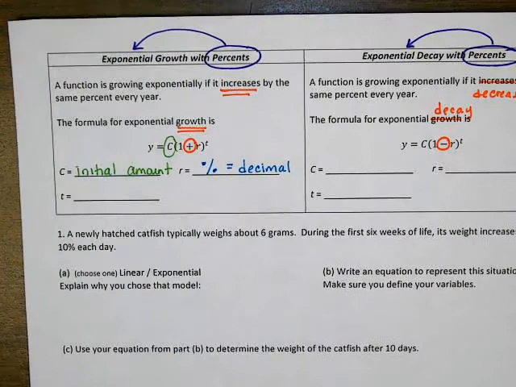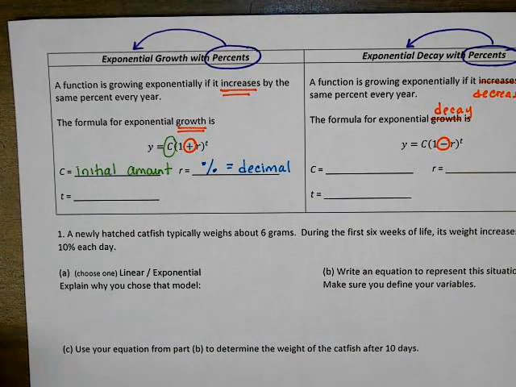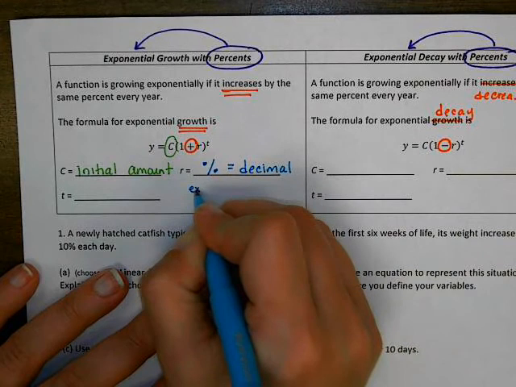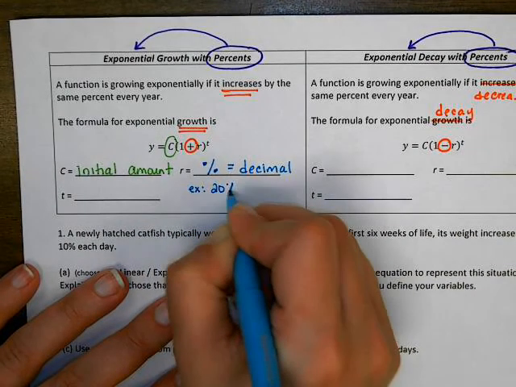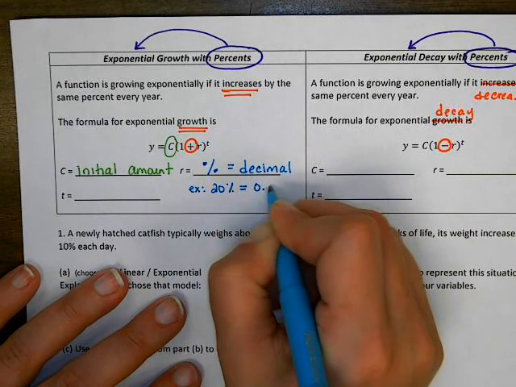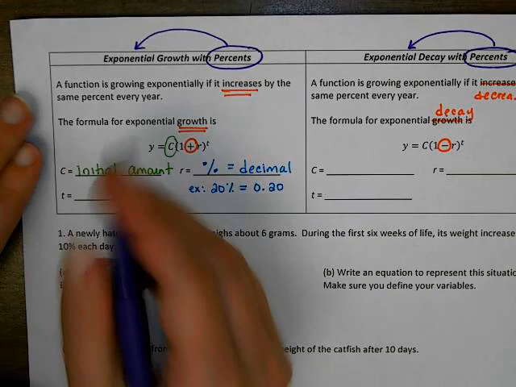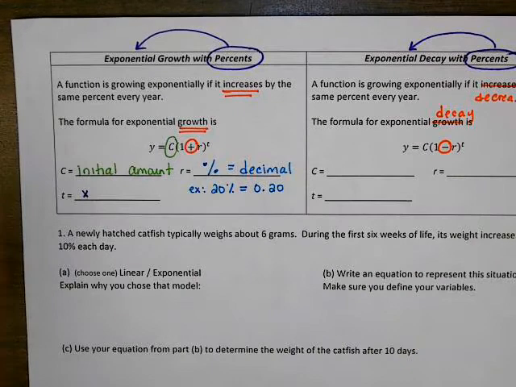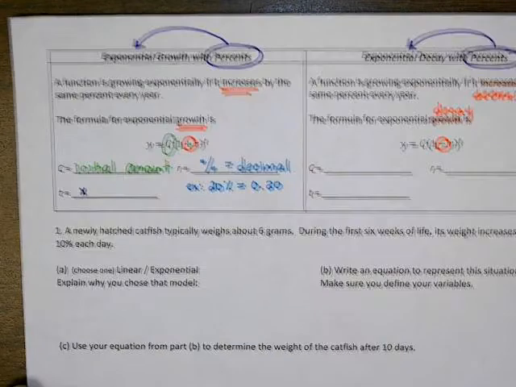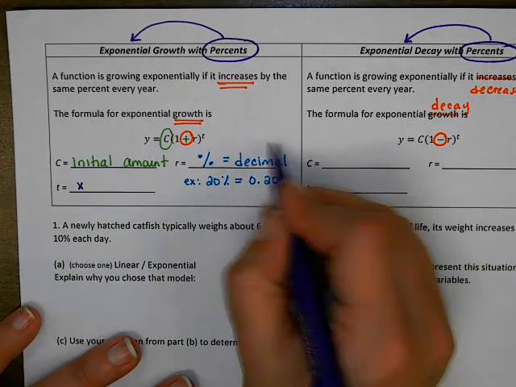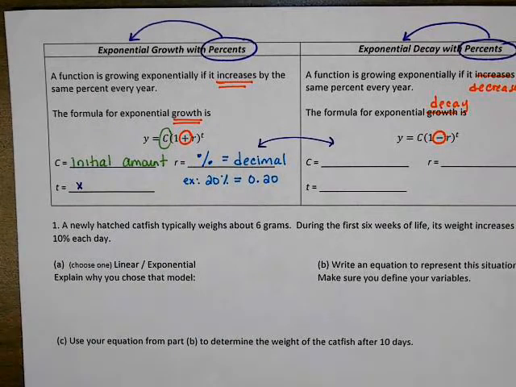In other words, you need to make sure you convert that to a decimal before you actually use it in the problem. For example, 20% would convert to 0.20. T is just like an x. It's just a variable that we use and we might substitute things in for. Now these are the same in both problems.